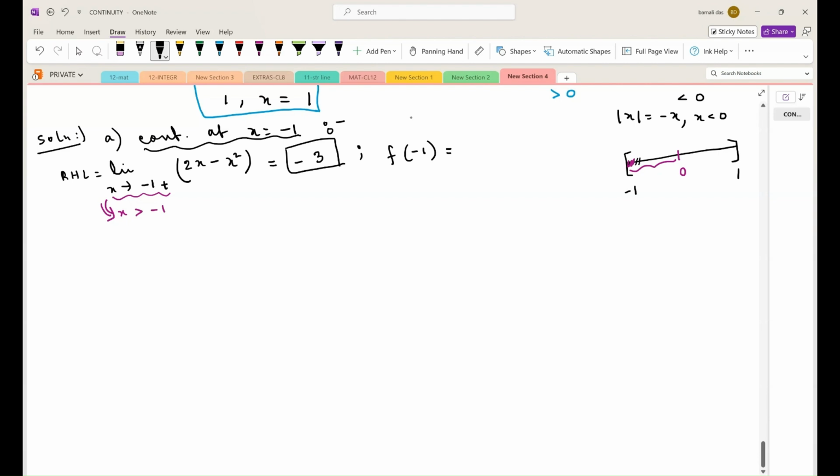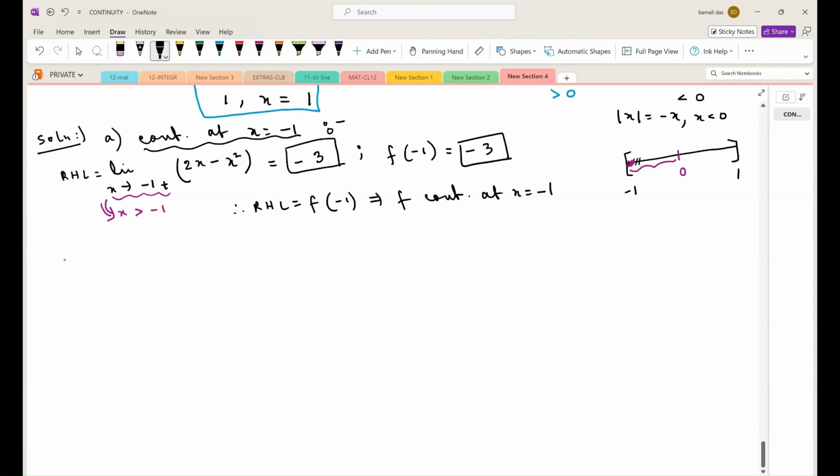As you can see from the redefinition of the function, when x is minus 1, it is also minus 3. So the functional value is also minus 3. So here we have right hand limit equal to the functional value at x equal to minus 1. So f is continuous at x equal to minus 1.